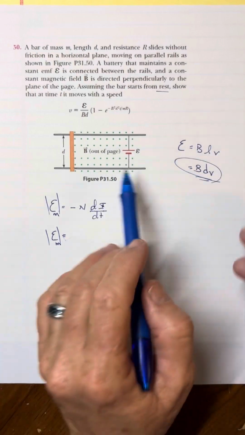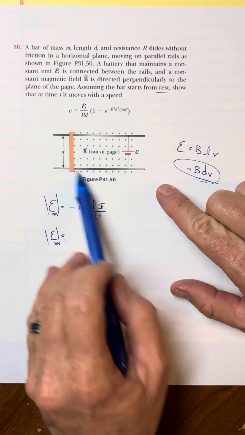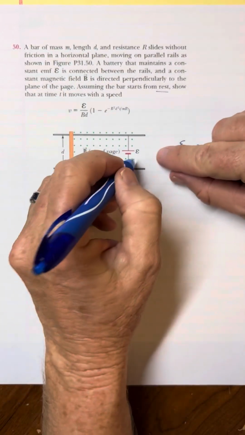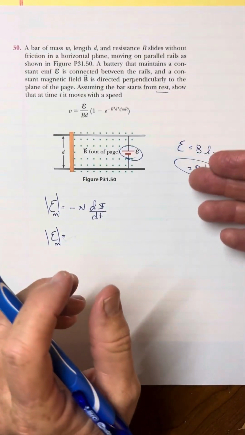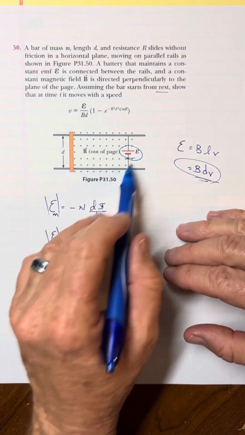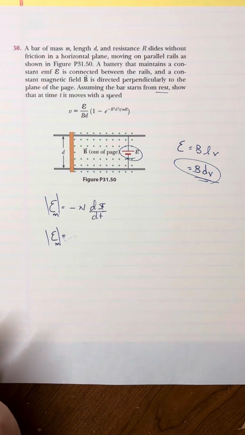And so this is the EMF induced because this bar is moving. And so really we're going to have a little circuit here that is essentially two different batteries. One comes from the charges that are in there, and that's the first way to make an electric field. And then the second way of making the electric field is the changing magnetic flux, and that's where the second one is going to come into play.